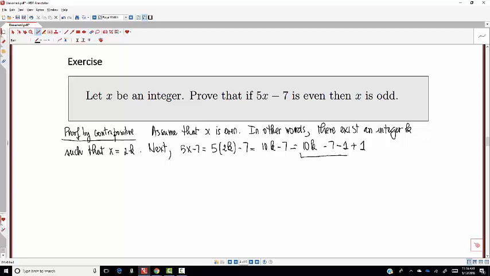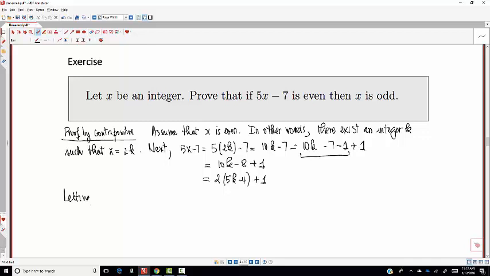But then this now here is 10k minus 8 plus 1. And then we can factor 2 out of here. So we get 2 times 5k minus 4, plus 1.